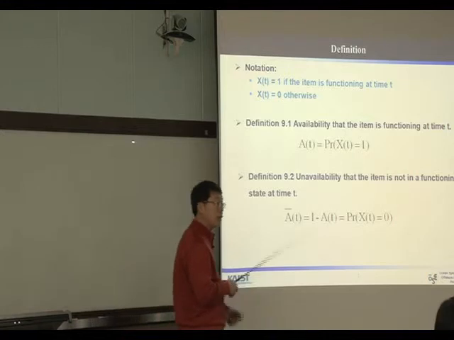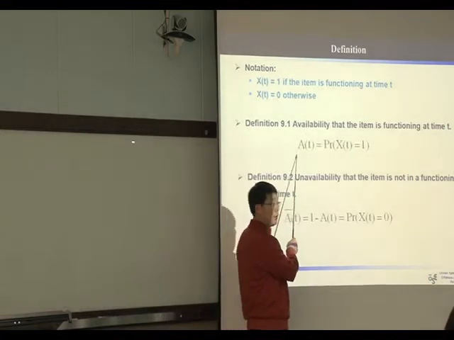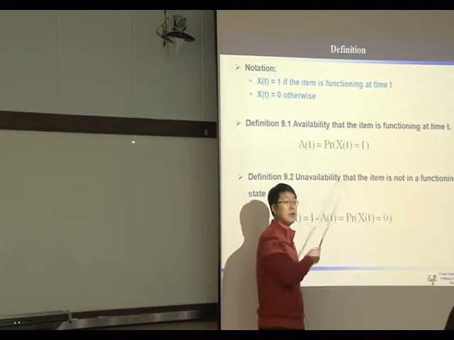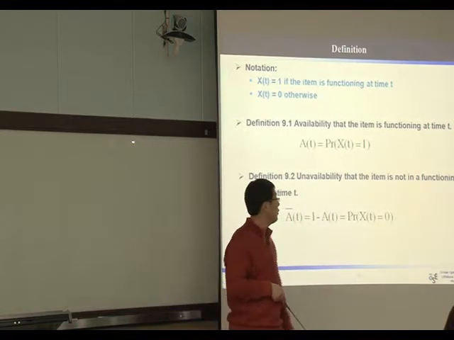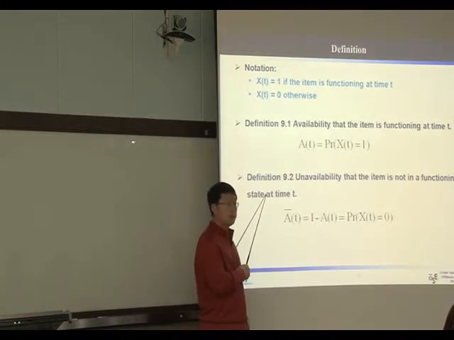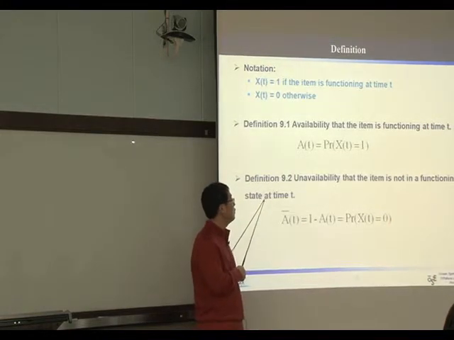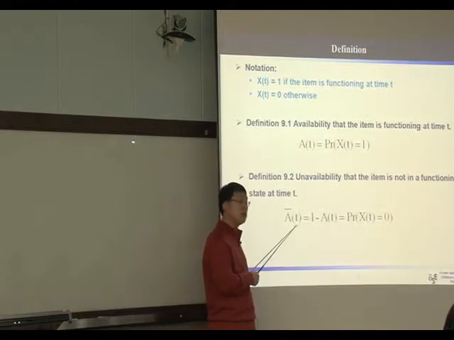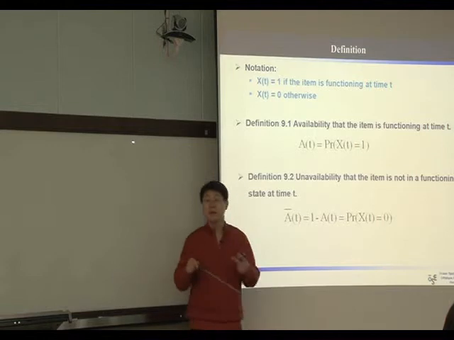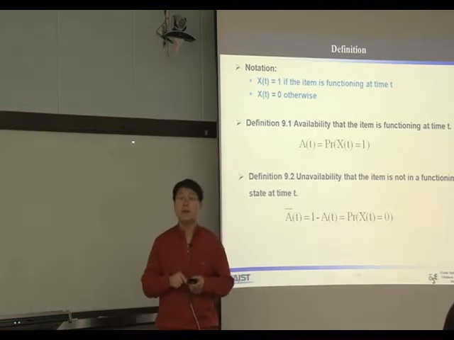So we can read it like this: availability is the probability that the item is running. Unavailability is just the complement of the availability. So unavailability is 1 minus availability. It's the probability the item is not functioning.